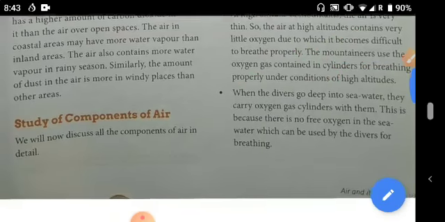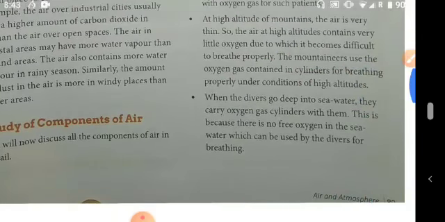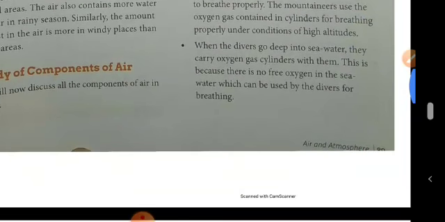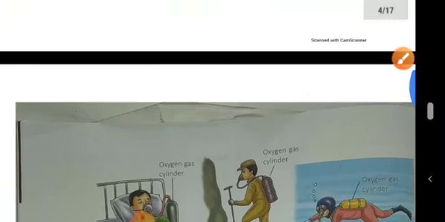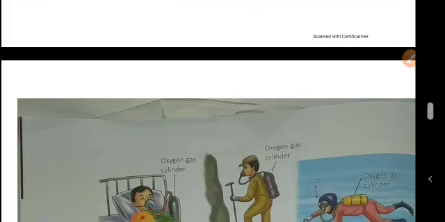Okay, now when divers go deep in the sea, they also carry oxygen gas cylinders with them. Why? To fulfill the requirement of oxygen for breathing.